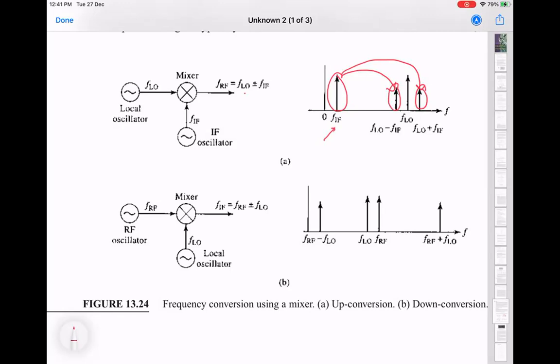And then you get the same audio content now moved to a frequency near the LO frequency, right? So the LO frequency is basically the radio station frequency. So when you tune to that frequency, now for AM, everything is actually in low frequency because the AM stations are in kilohertz or hundreds of kilohertz.